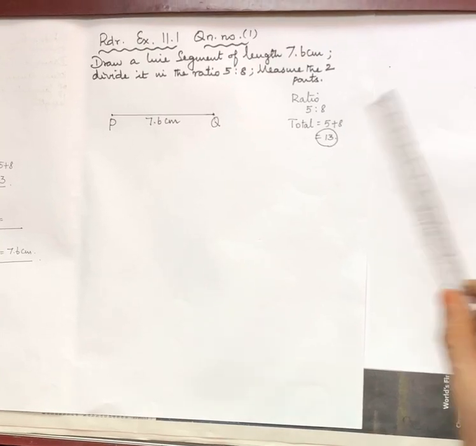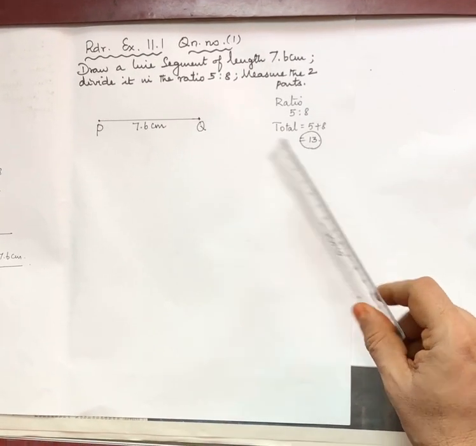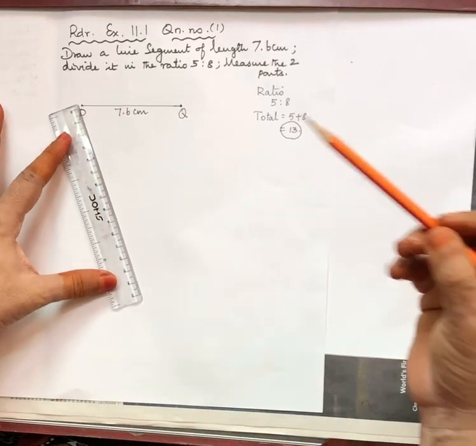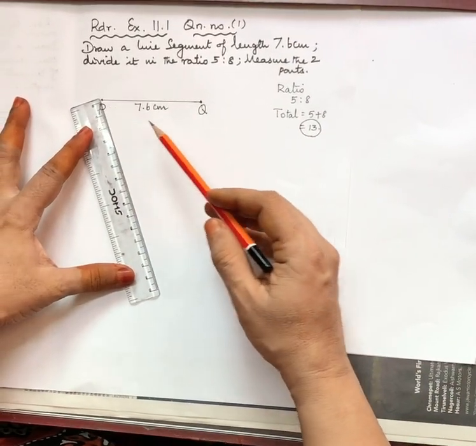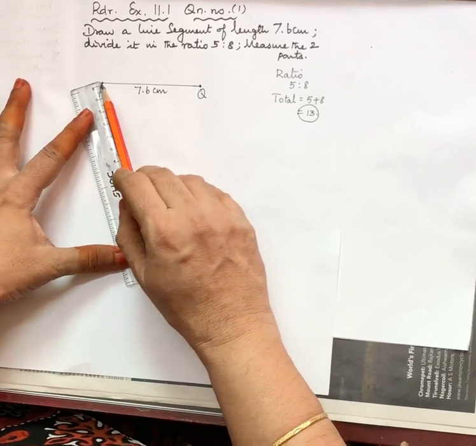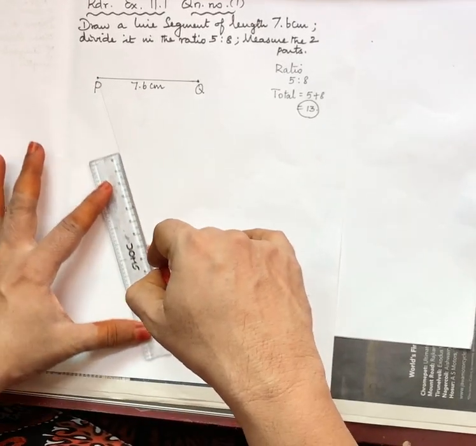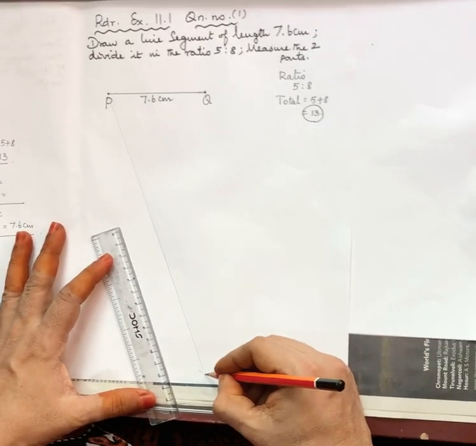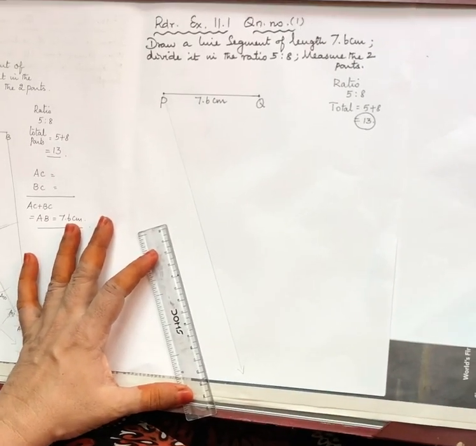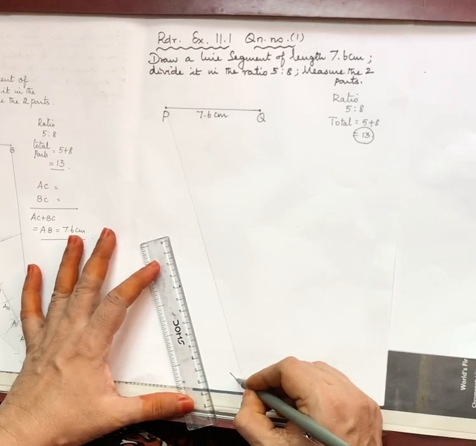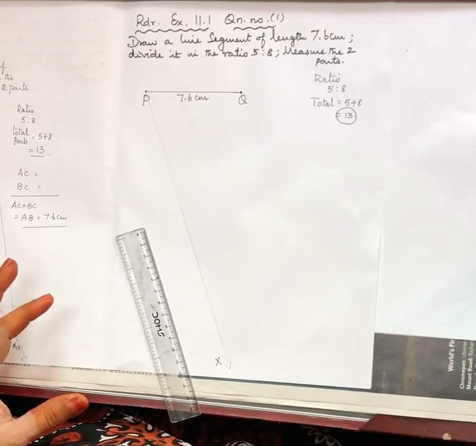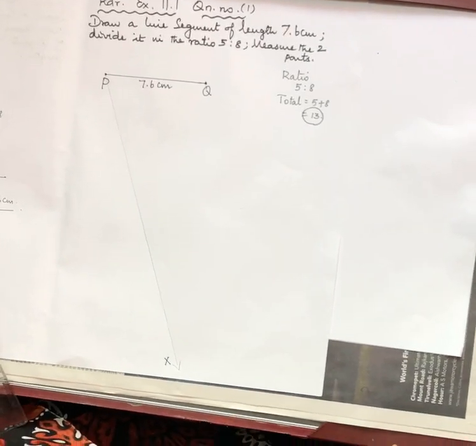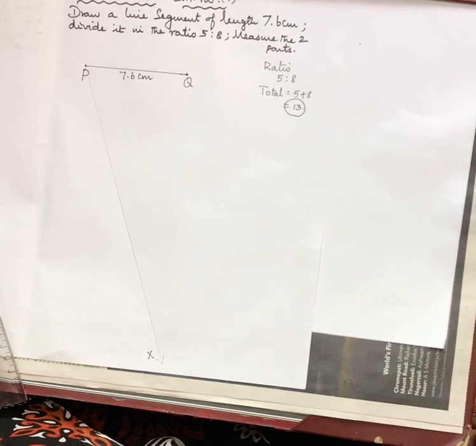Now, take your scale and pencil, draw an acute angle ray starting from P. Extend this nicely till the end of your notebook. Name it as PX. You are going to make this line PX starting from P.